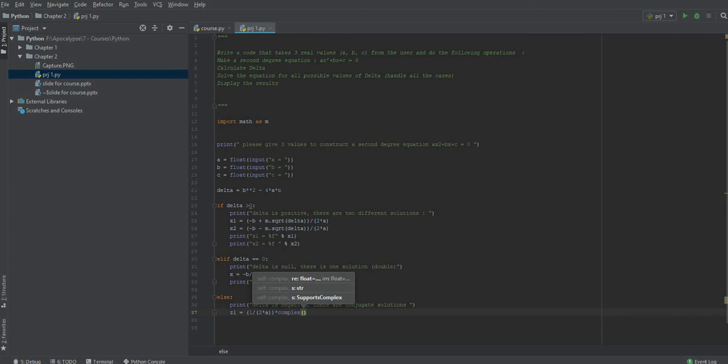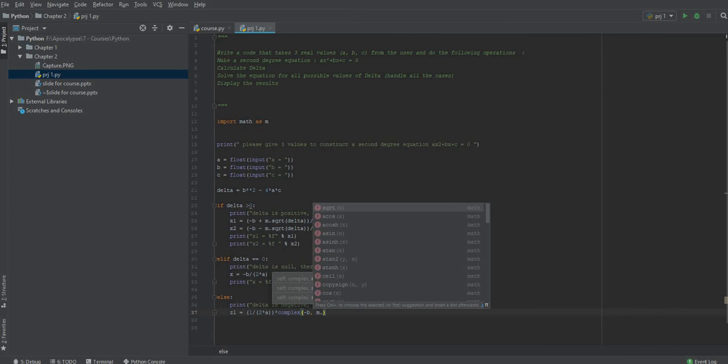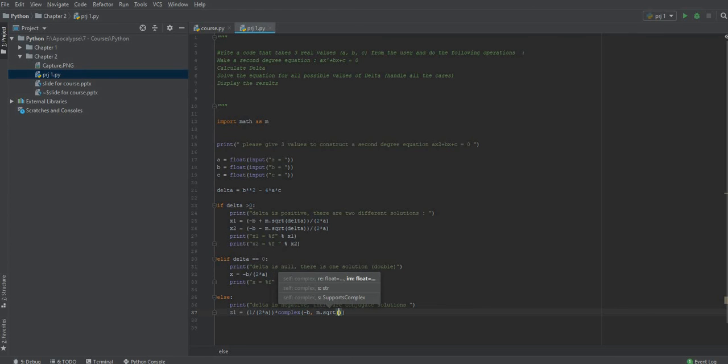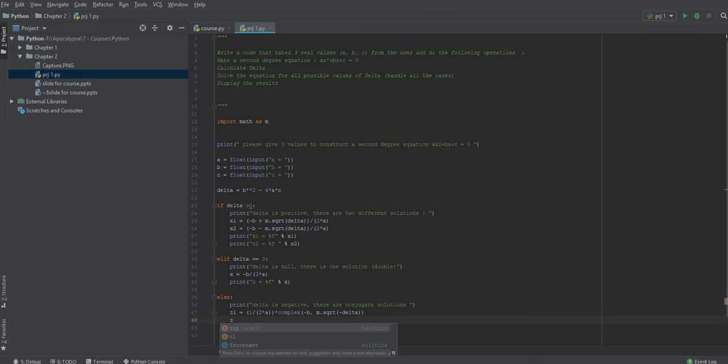The real value of this complex solution is of course minus b, and the second one is the square root of minus delta, because delta is negative and there is no square root of something negative, so we need to put a minus here. As I said, this is all about mathematics and you should be knowing that. z2 is the same thing, but we have minus here.